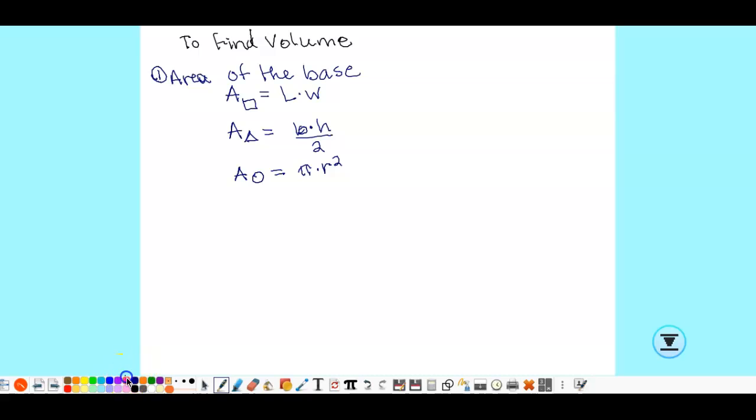The second thing that you have to do is take the area that we found from the previous step and multiply it by the height of whatever figure it is, so the height of the 3-dimensional shape.